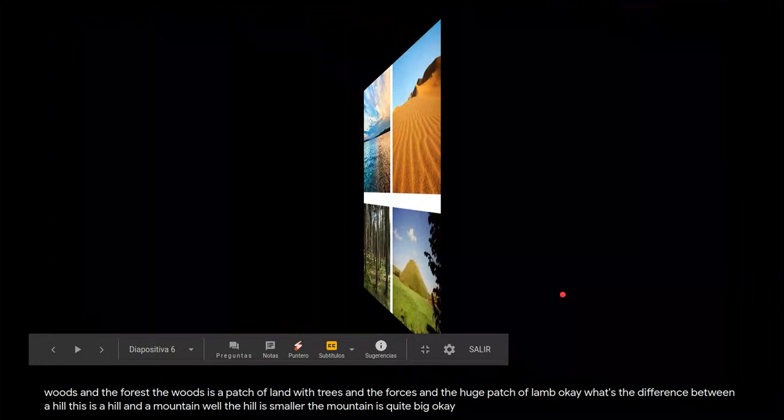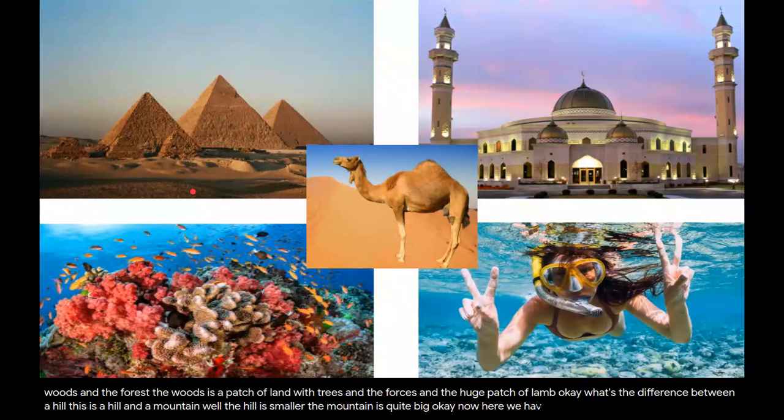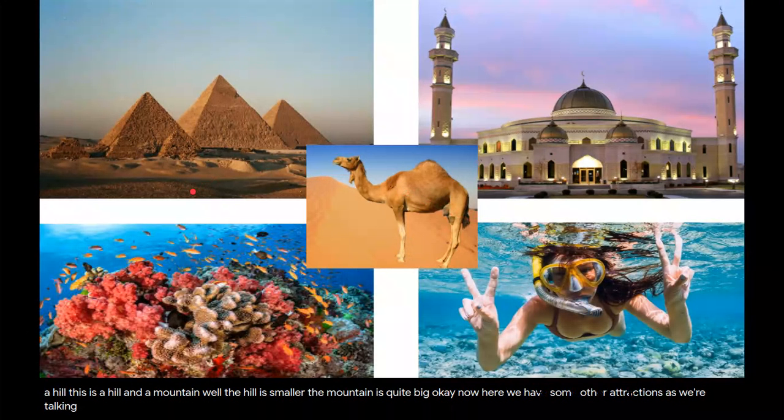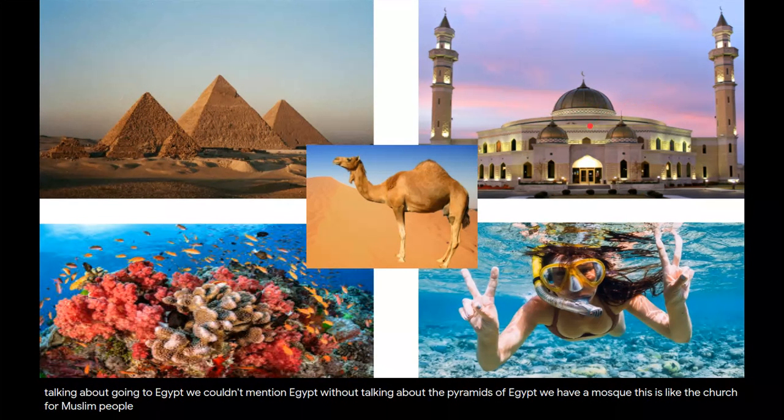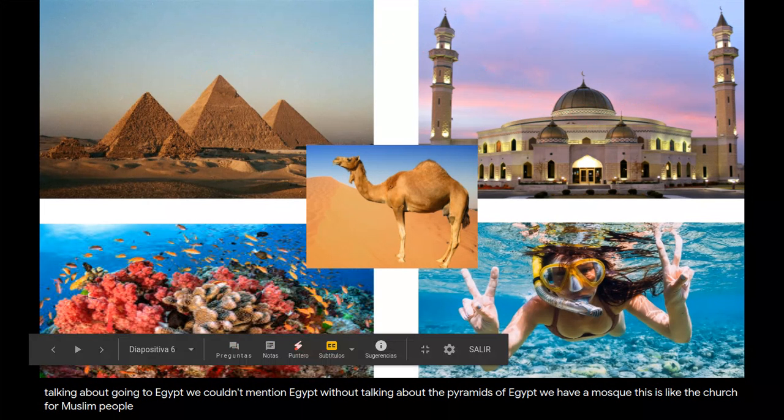Okay. Now, here we have some other attractions. Since we're talking about going to Egypt, we couldn't mention Egypt without talking about the pyramids of Egypt. Okay. Here we have a mosque. This is like the church for Muslim people. Okay. Here we have a coral reef.